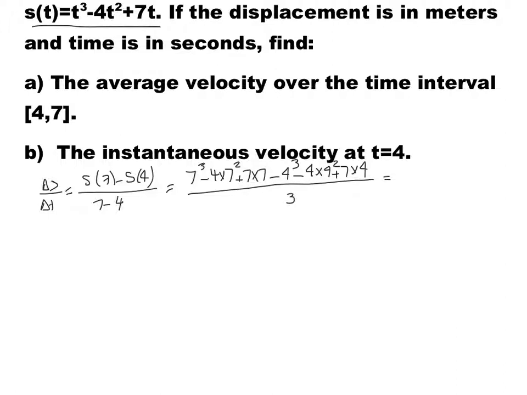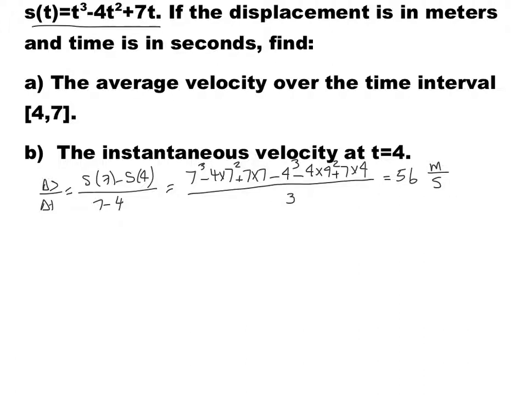If you do the division here, we are going to get 56 meters per second. So the average velocity over the time interval 4 and 7 is 56 meters per second.